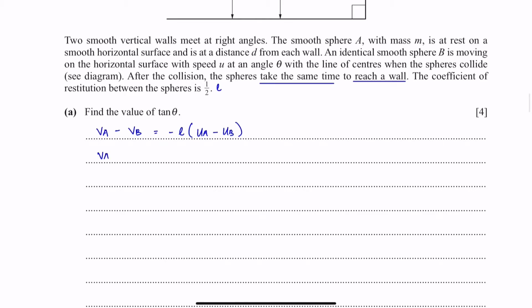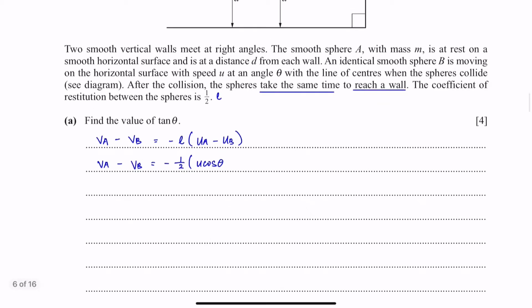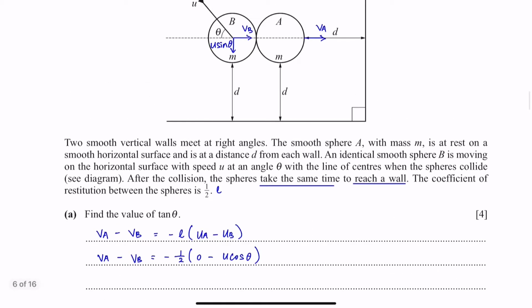So we have VA minus VB equals negative half times, I should write it, 0 minus U cos theta, because A is stationary initially, and the initial horizontal component of velocity of B would be U cos theta.